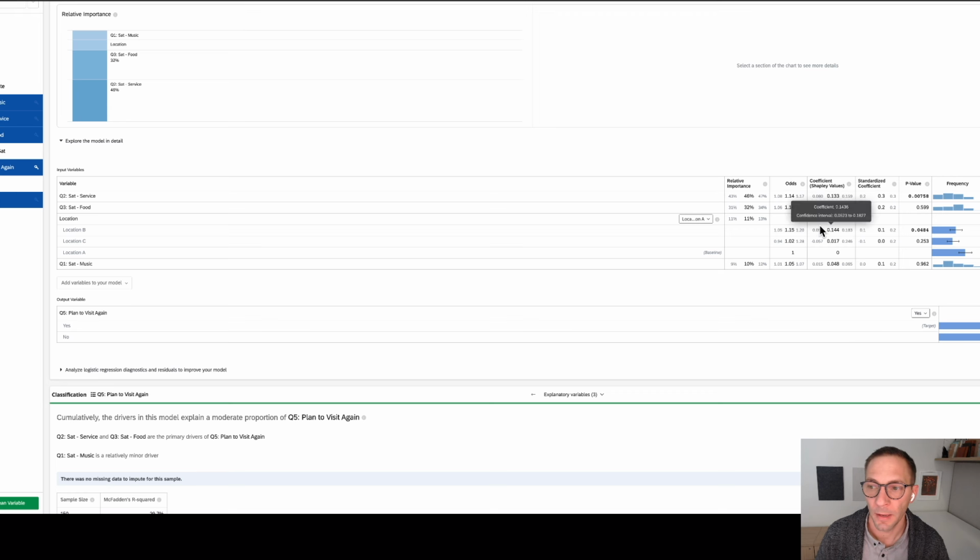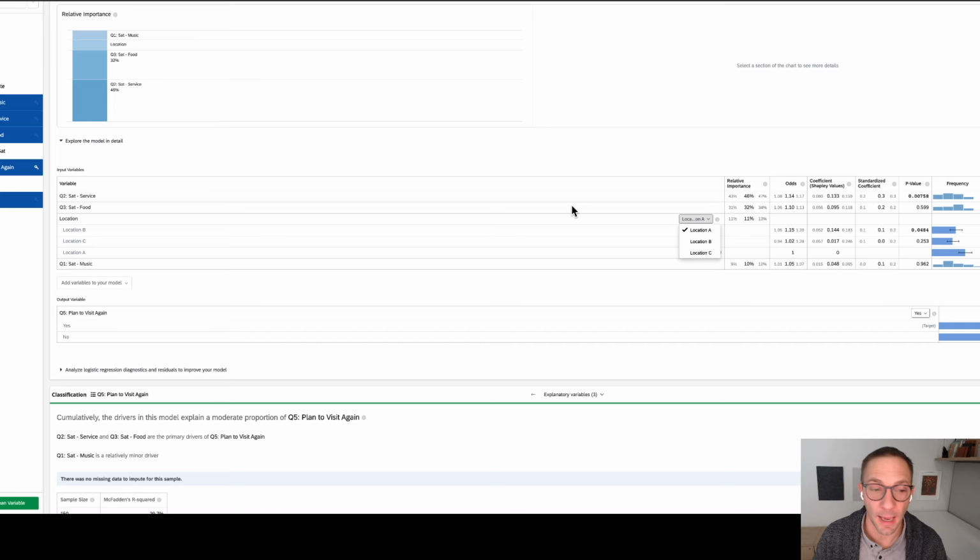All right. So for B, we have a positive beta. So for location B, they're more likely to want to visit again than our baseline location A. But there's no difference in the likelihood that they want to return between location C and location A.